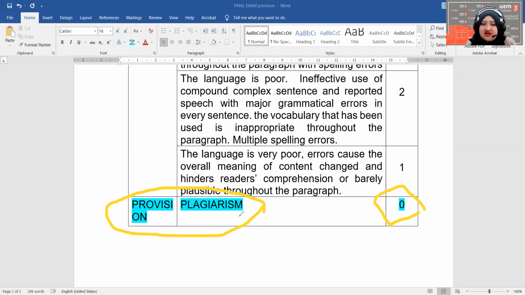Even if the person has already graduated, if found guilty of plagiarism, the graduation can be revoked because it's not a genuine work that has been done, and that is entirely a wrong thing to do. So for the examination, please answer by your own self. Show me what you have done in this semester, and show us the progress that you've made in this semester.